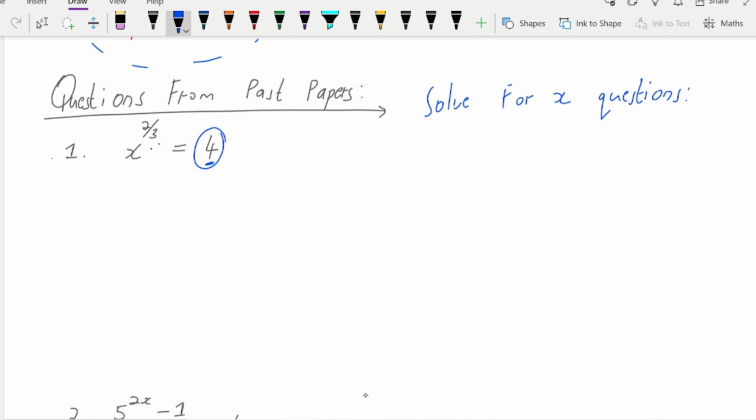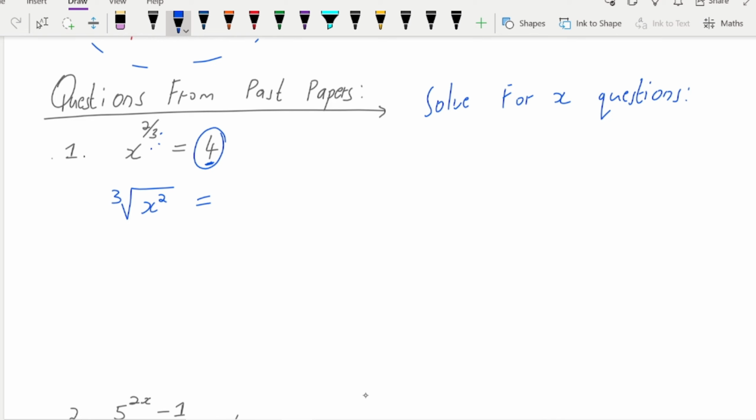So to turn this into root form, we said that the denominator is the one that determines our root, the power of the root, and then the numerator goes inside the root. So to write that out, we're going to have x to the power 2, which is cubed root.